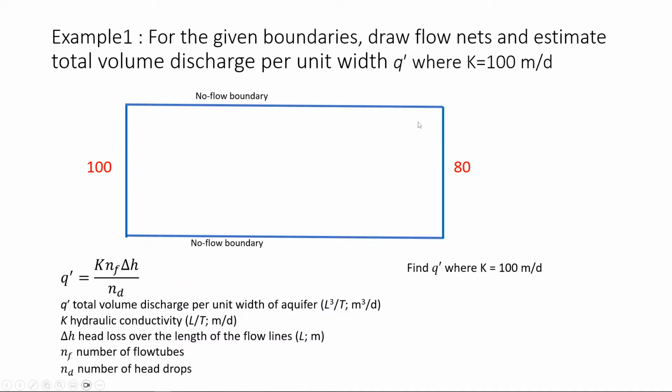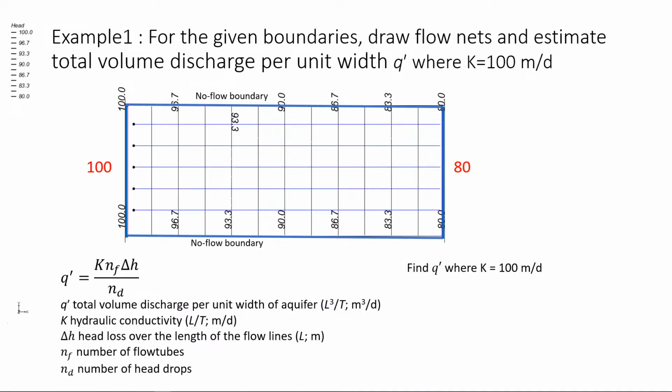Okay, so let's look at this example. In this example, K is given as 100 meters per day. How many head drops do we have? 1, 2, 3, 4, 5, 6, 7, 8, 9, 10, 11, 12. How many flow tubes do we have? 1, 2, 3, 4, 5, 6.